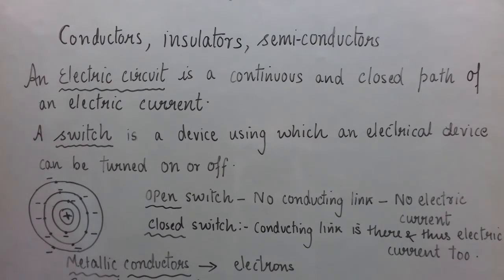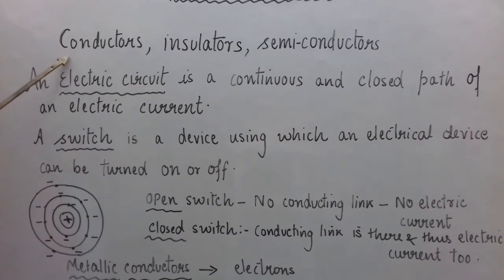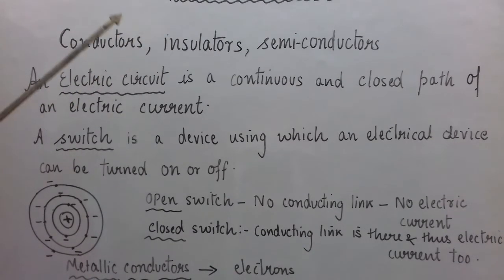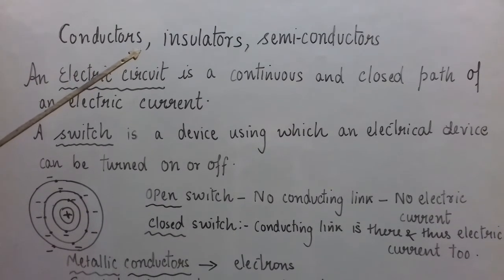And now we know electric current is nothing but flow of charges. So we can say conductors are the materials which easily allow the flow of charges through them. Insulators are the materials which do not allow the electric current to flow through them easily, or which do not allow the electric charges to flow through them easily.